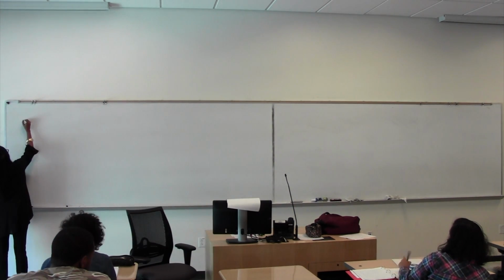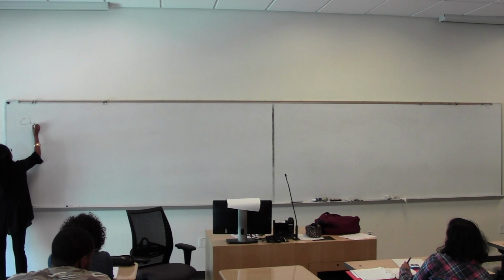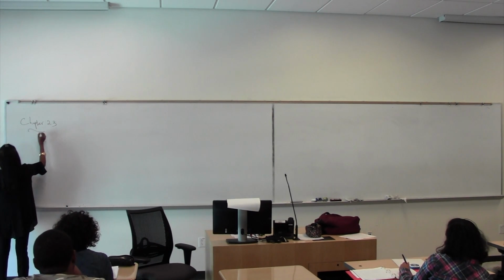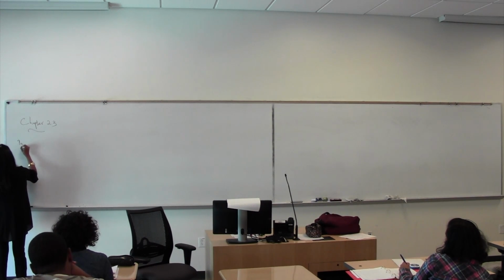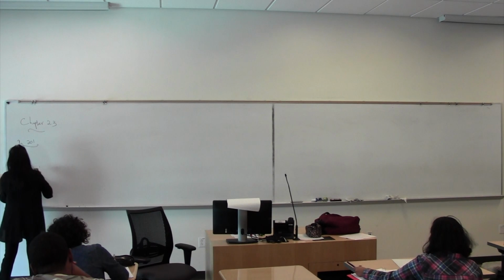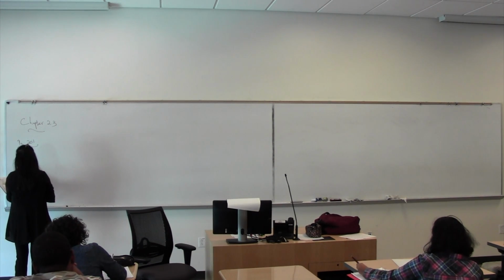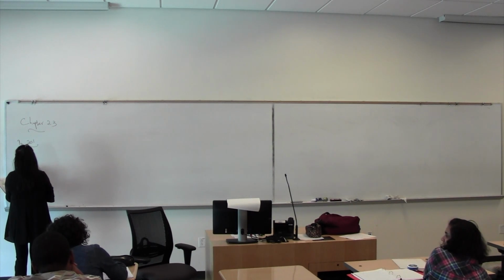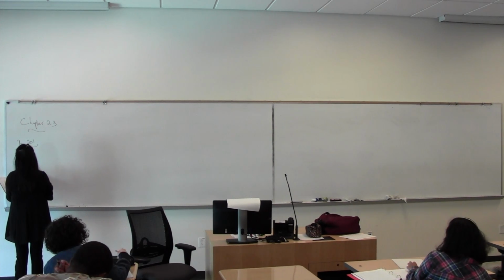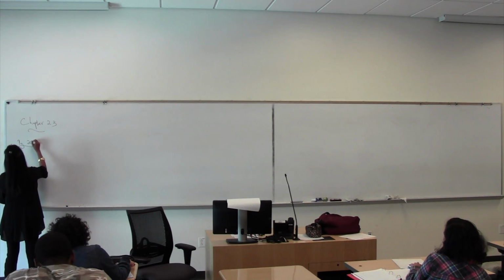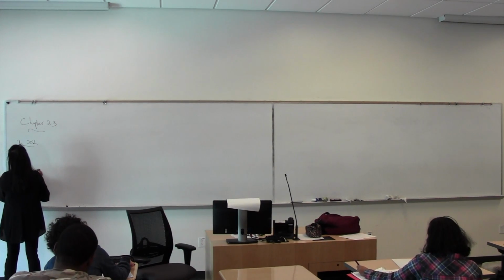So chapter 2.3. Page 201, we are going to discuss, actually we did discuss the vertical line test, so finding the domain and the range of a function, we did that in 2.2, page 202.